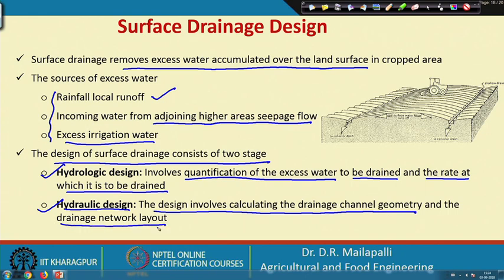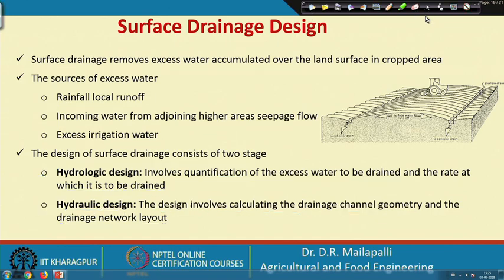Once the channel geometry is estimated based on the peak flow rate, we decide which layout to use, like parallel, grid or random designs, all of which we already discussed in the previous lectures.